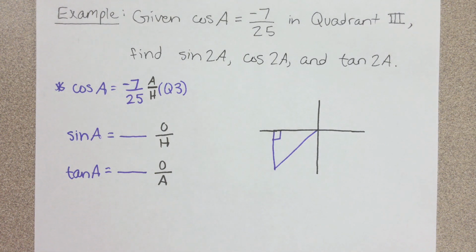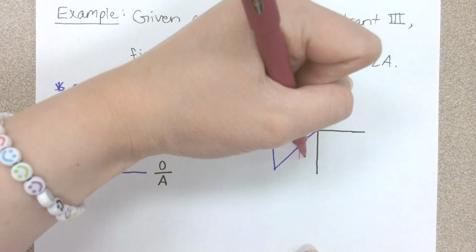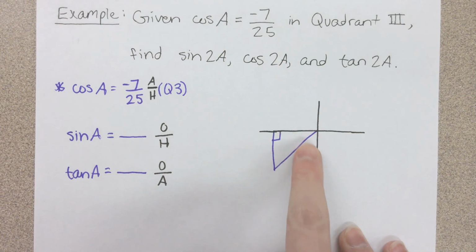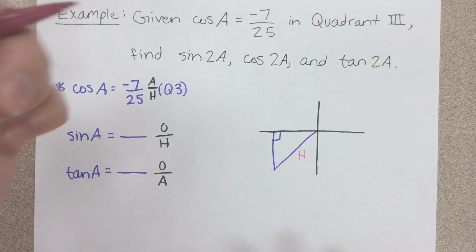We know from the given information 2 of the sides. Before I do that, let me identify H, O, and A in this triangle. I always go in that order, H, O, A. H is the hypotenuse. It's always in the same place. It's across from the 90. And then O is opposite the origin.